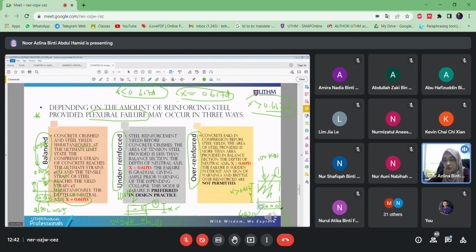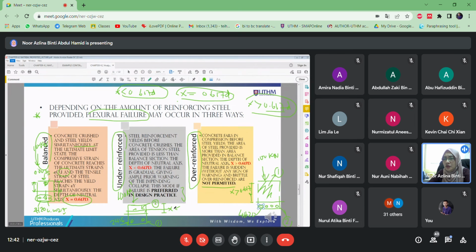For the rules of failure, once the concrete fails first, that means the whole structure fails, walaupun steel still belum fail. So this kind of over reinforcement is not permitted. We go for this under reinforced.